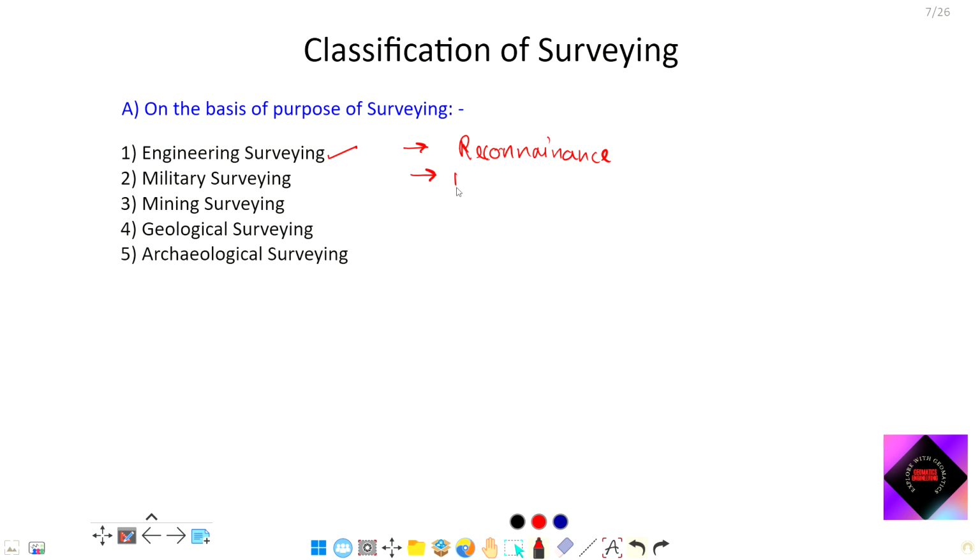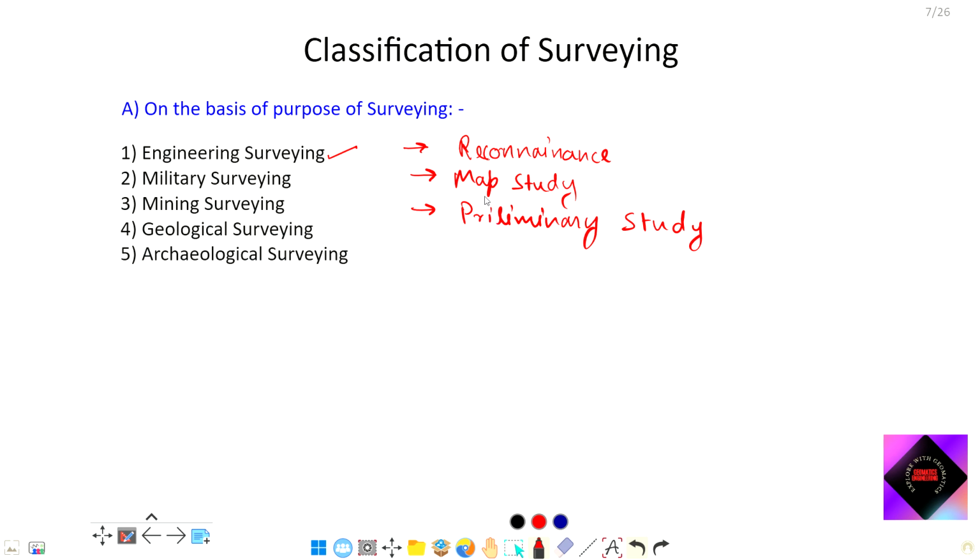Then map study, then preliminary study. So all these kinds of things happen in the engineering survey.